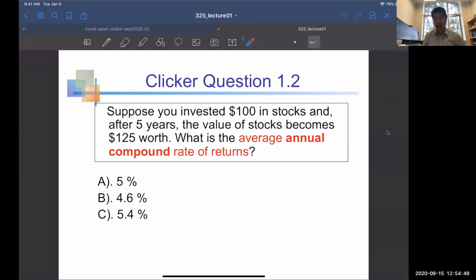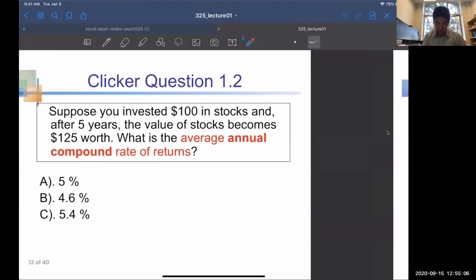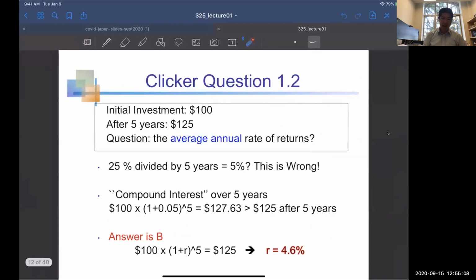You might not know exactly which number it's going to be, but the argument is that there's a compound interest.